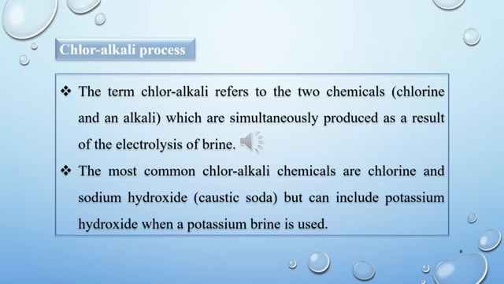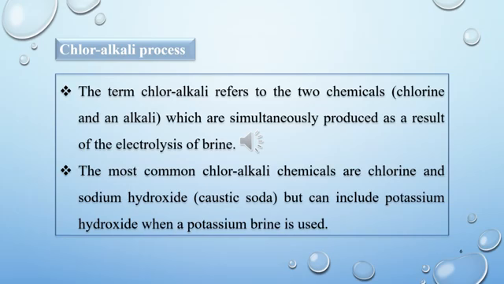Dear students, the word chlor-alkali points out two chemicals. As you see from the name, chlor means chlorine, and alkali means an alkali or a base, which are produced simultaneously as a result of electrolysis of brine.